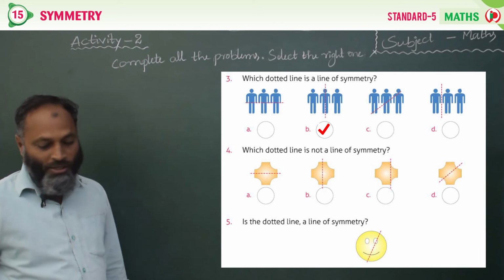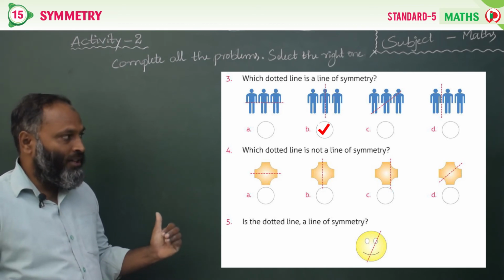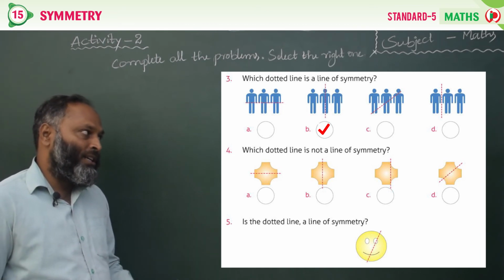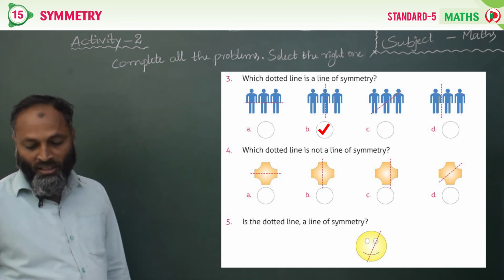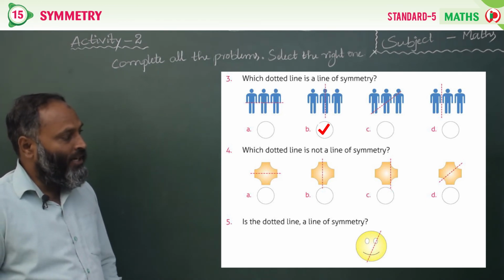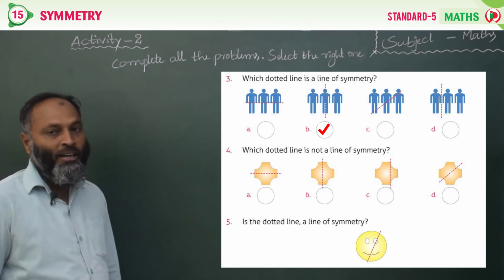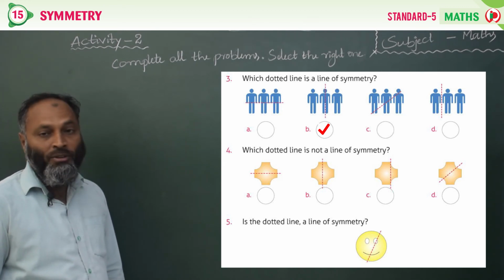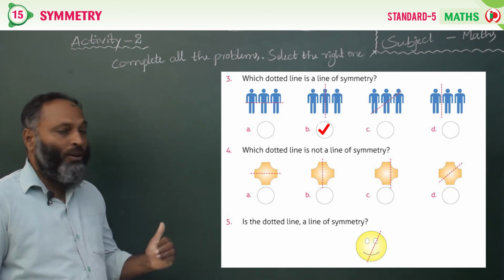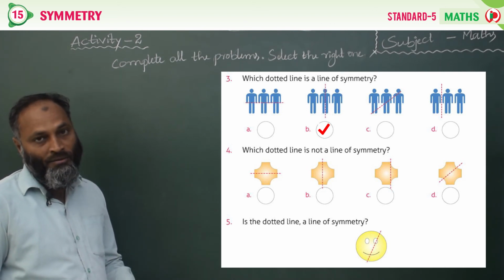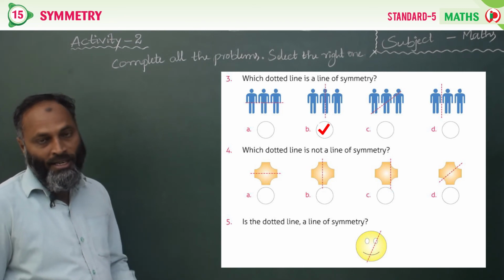In the second picture, the vertical line also divides into two equal halves, two identical shapes, so that is also a line of symmetry. In the third one, that vertical line is not divided into two equal halves. So the third one is not a line of symmetry.